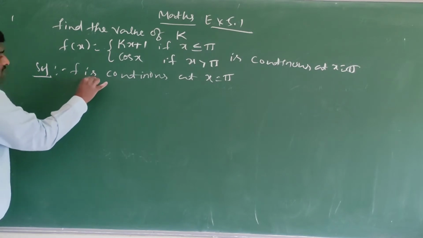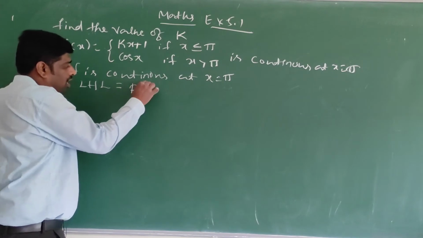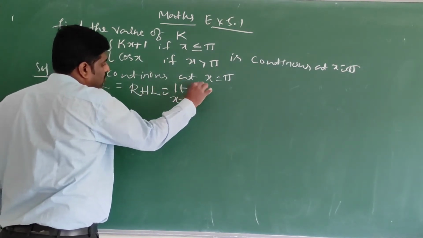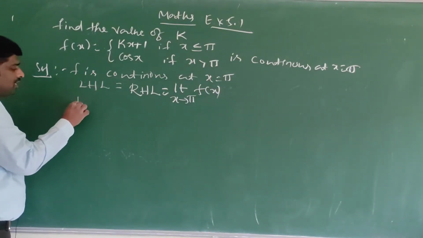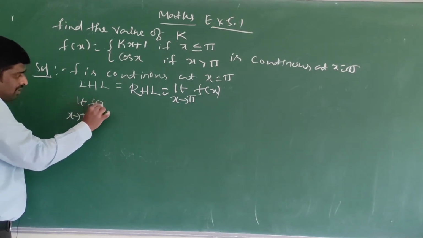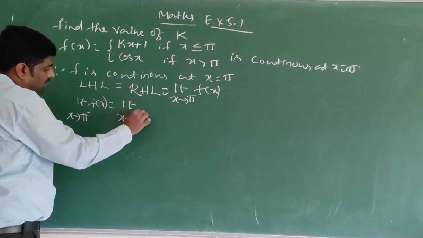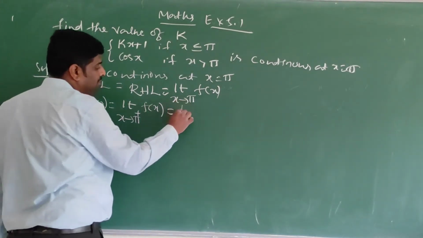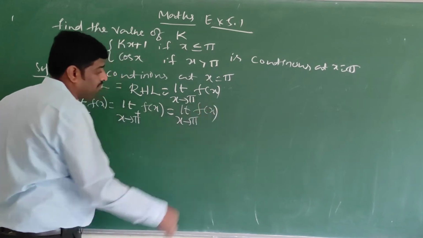So f is continuous means what? LHL equals RHL equals limit x tends to pi f of x. LHL means limit x tends to pi minus f of x, limit x tends to pi plus f of x equals limit x tends to pi f of x.